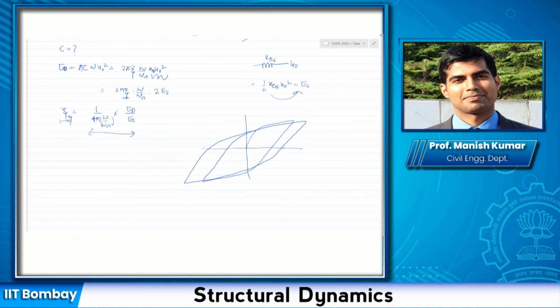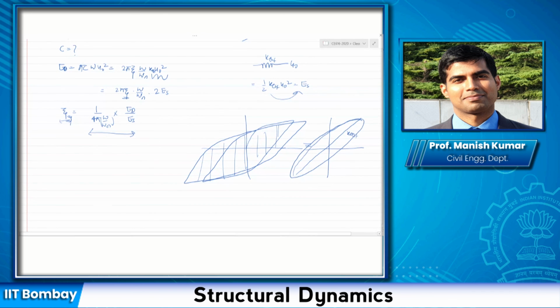Second thing, the solution is very computationally intensive. So what do you want to do? You want to idealize this non-linear behavior as a linear behavior with a stiffness and with this energy dissipation being represented through some damping like this.